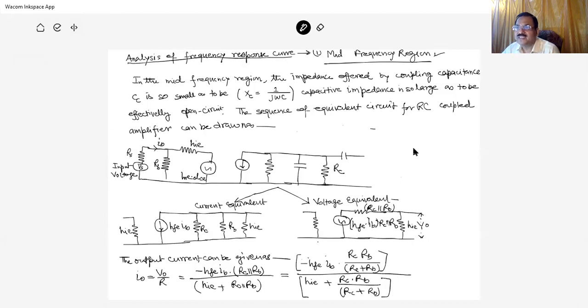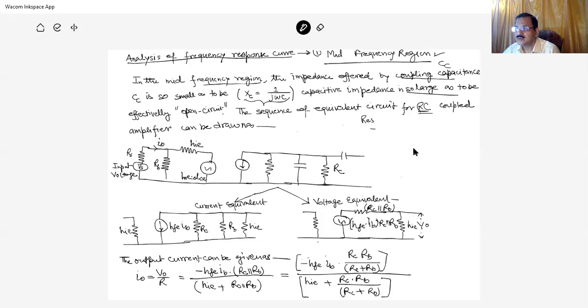In the mid frequency region, we see the impedance offered by the coupling capacitor CC, which is X equal to 1 upon jωC, and the capacitive reactance is so small that it is considered as a short circuit.